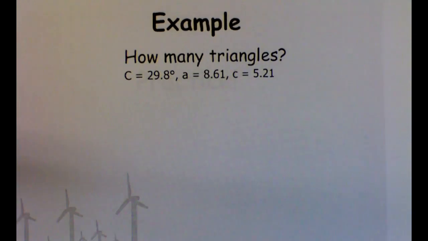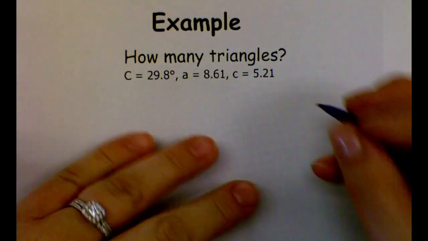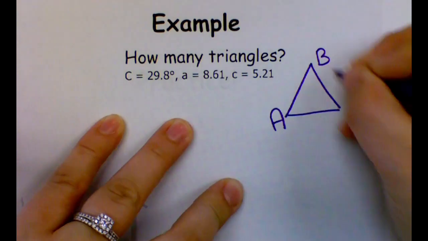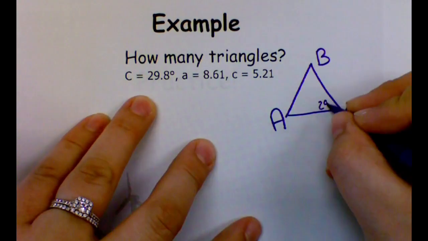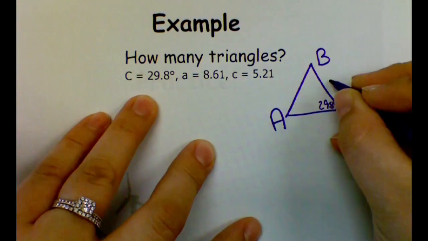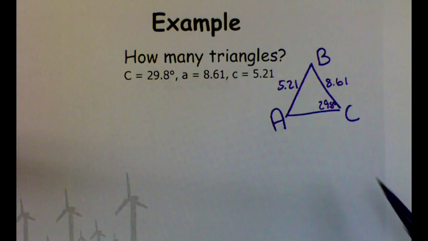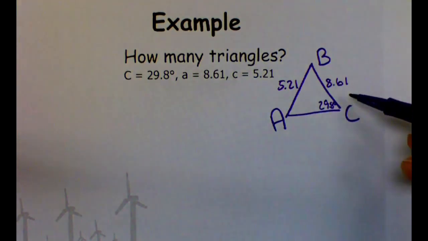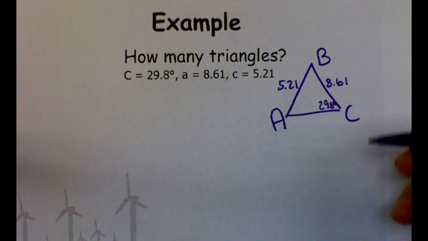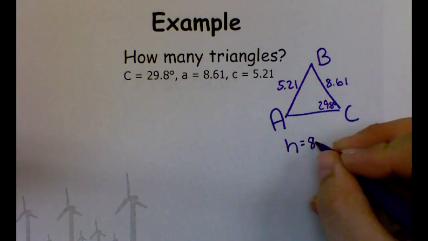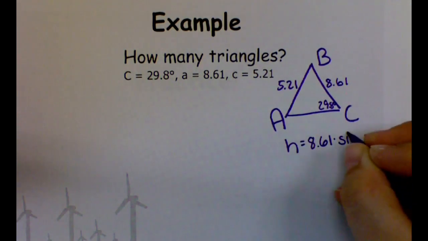And let's try one more of those. Again, I would draw myself a picture. Label everything I know. All right, the side across from the angle is smaller than the other side, which means I need to find H. H is the other side, which is 8.61, times the sine of my angle.